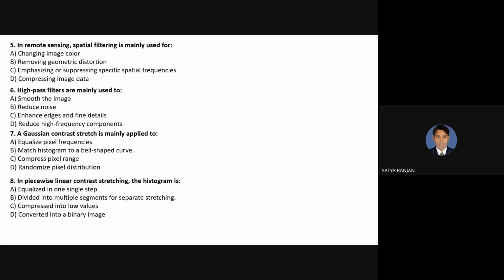So piecewise linear contrast can create different segments: 3 segments, 5 segments, or 10 segments. Based on these segments, it can enhance the image. So B is the answer. That is, it is divided into multiple segments for separate stretching. So this is the answer.